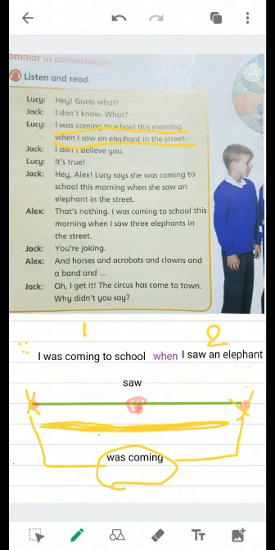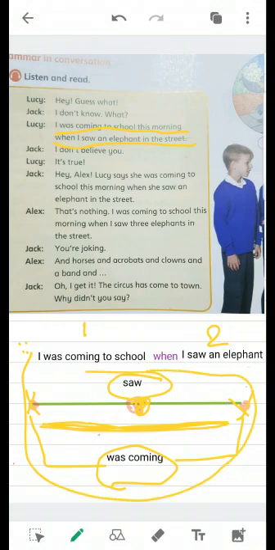But another verb حدث معترضا زمن حدوث الفعل الطويل was coming. أكيد was coming فعل يأخذ فترة زمنية، ولكن saw لا يأخذ فترة زمنية طويلة. الفعل saw هذه هي الفترة الزمنية اللي استغرقها، اعترض زمن حدوث الفعل الطويل was coming.